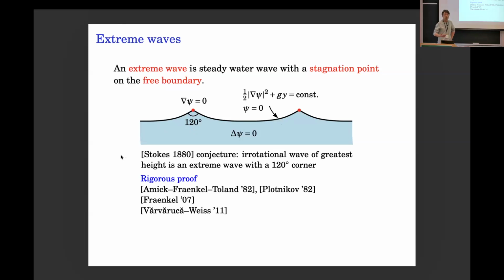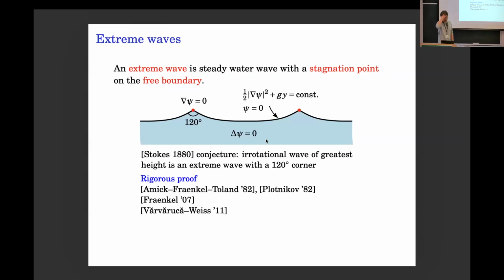He made this famous Stokes conjecture, basically saying that at this tip, where you see a full stagnation, the wave has to make a corner singularity, and he actually computed the angle to be 120 degrees, using some complex machinery, because this is 2D. I have to mention that he's considering irrotational waves, so the complex machinery naturally comes into play.